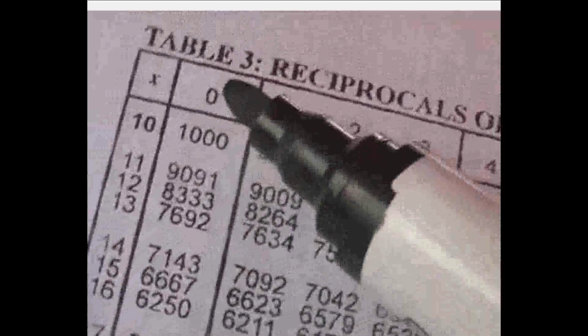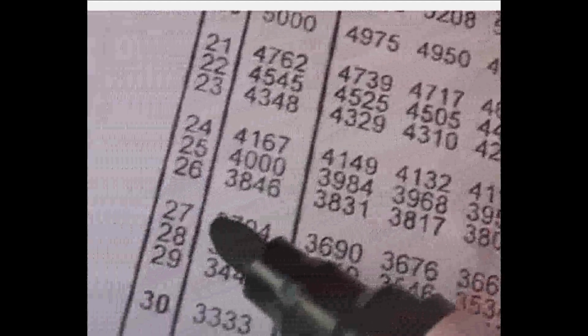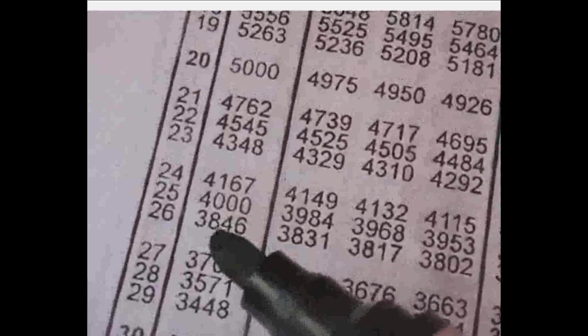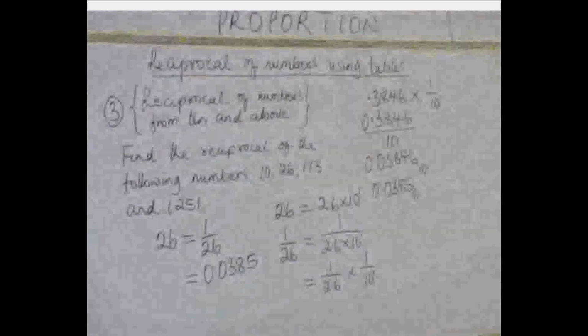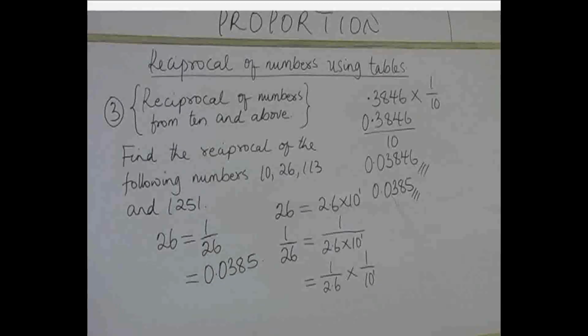The value there is 3846. That's exactly what you have on the whiteboard. We added the point there because we derived it from the reciprocal page of the four-figure table that has automatic decimal before the first digit.